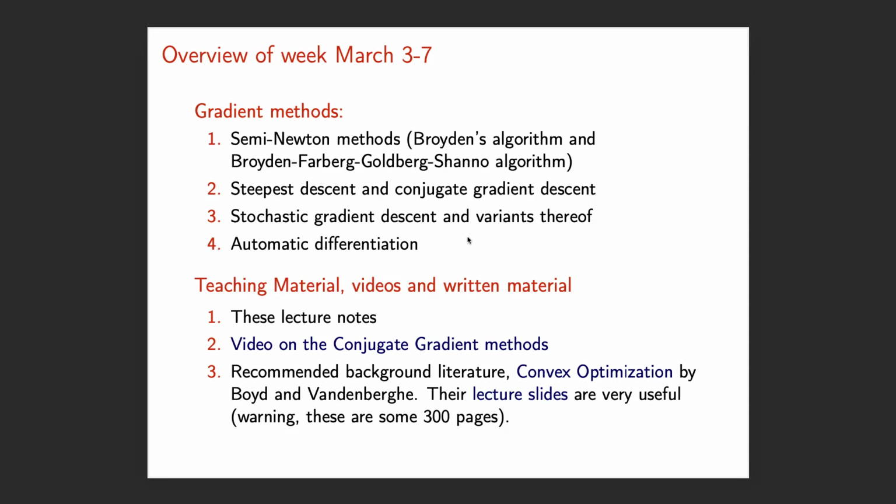In that particular case, you end up with a function with many more parameters, the parameters of a neural network. And in that case, the energy itself is a function of many parameters, typically in the tens to the hundreds of thousands. And then you would need methods like stochastic gradient descent and different variants.